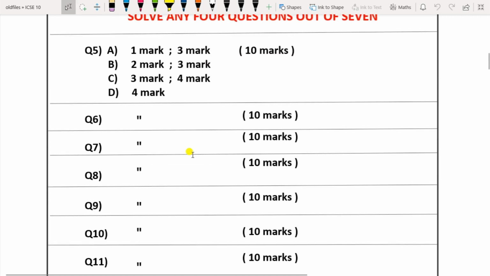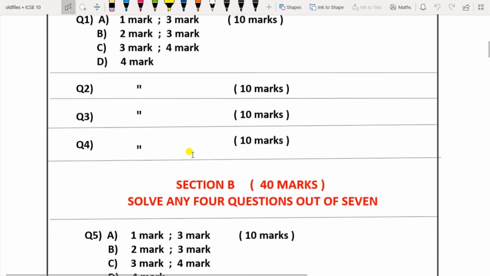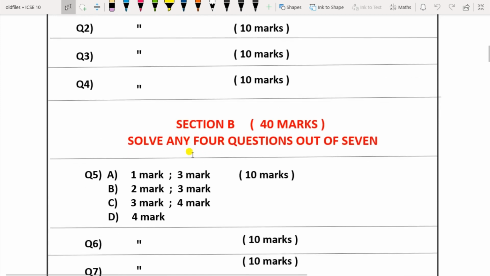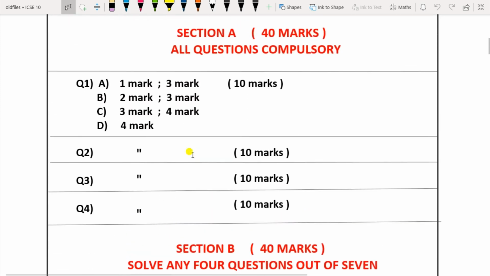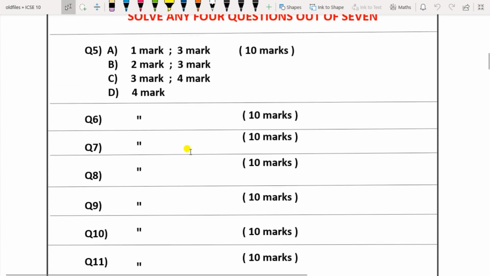You can give time to that question. So this is all about your paper style, section A and section B, each of 40 marks. Section A, all questions are compulsory, and section B, out of 7 you have to solve any 4 questions.